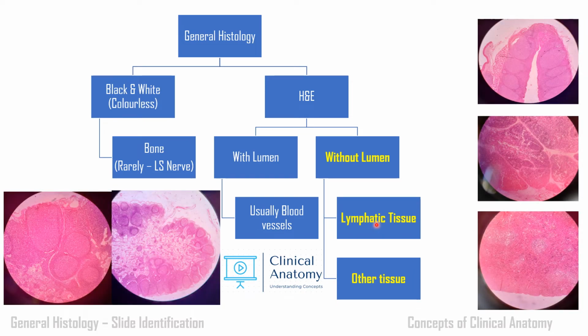Just by looking into the field you can identify the lymphatic tissue very clearly, because these are very darkly stained slides, and you will have a lymphatic aggregation in a circle form, or in the spleen, where the red pulp and white pulp are distinguished, you will have a lymphoid aggregation very clearly at first look itself.